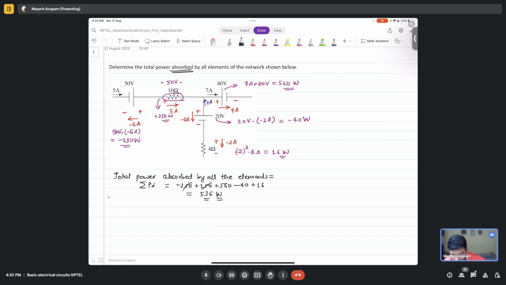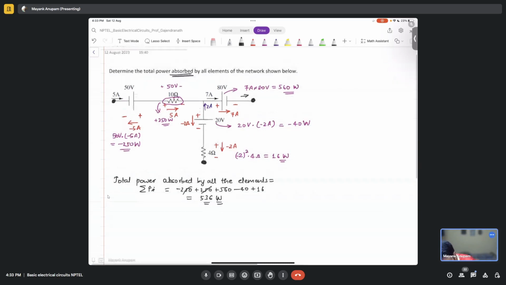You just have three terminals coming out. When you connect these three terminals to whatever sources you want, you see that this has 7 amperes current here, this has 5 amperes, and this has 2 amperes in this direction, and you put a power meter there.